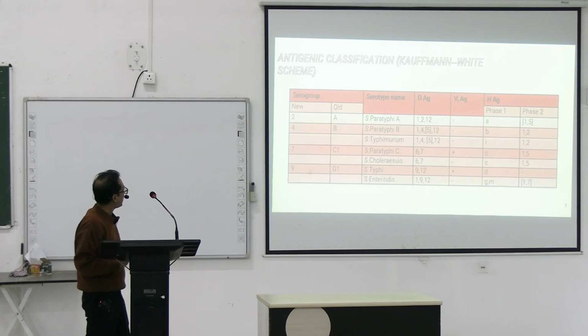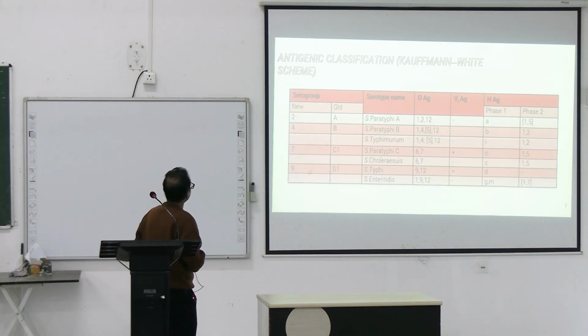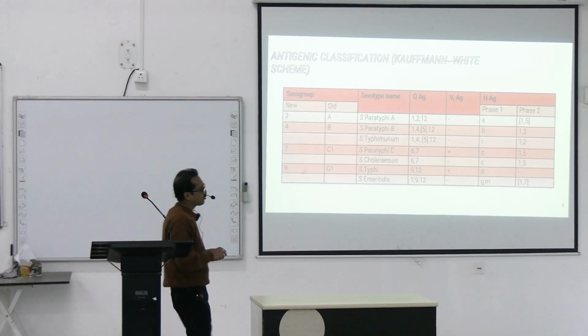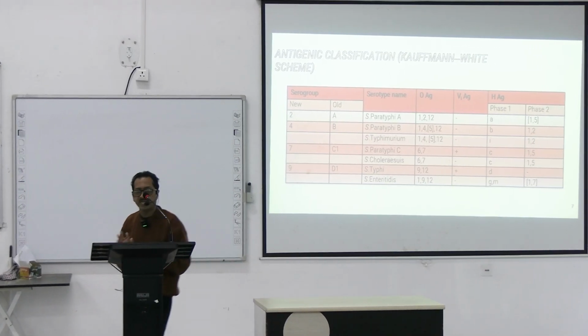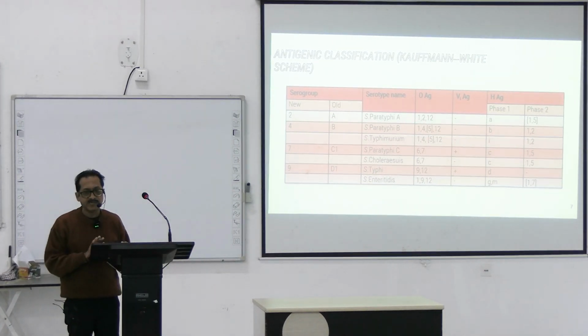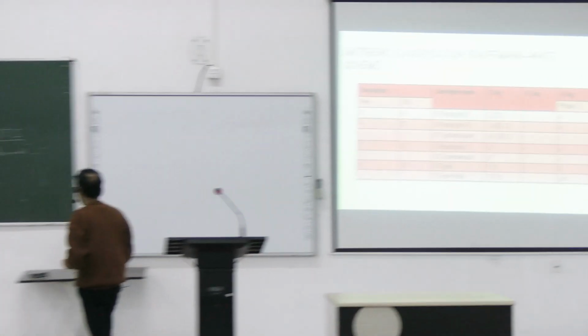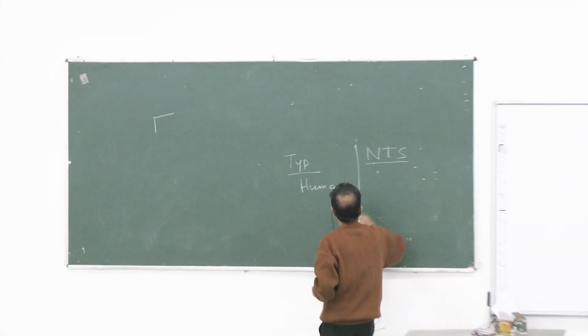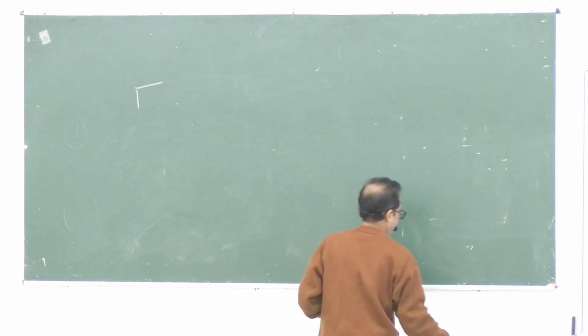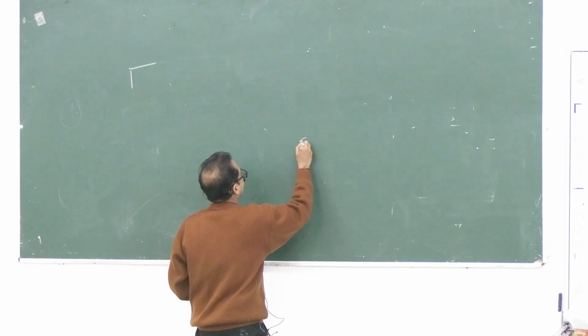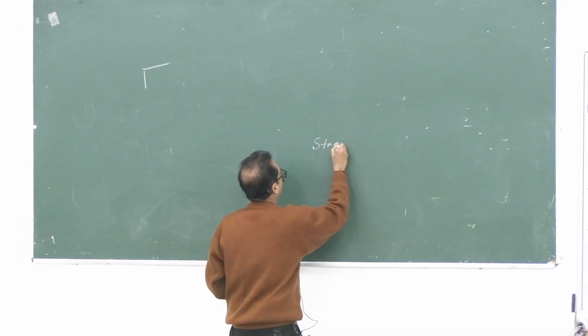This is the Kauffmann-White scheme, the antigenic classification. Why should you remember this? At least know the name Kauffmann-White scheme. Have you noticed that the genus and species we usually write in italics, like Staphylococcus aureus.